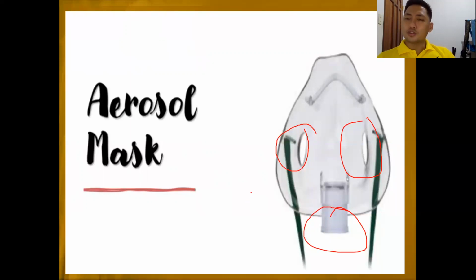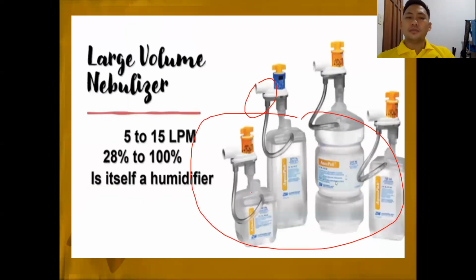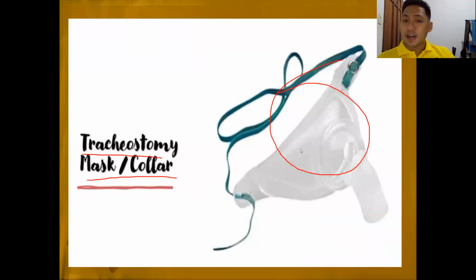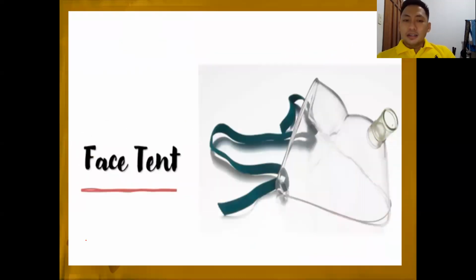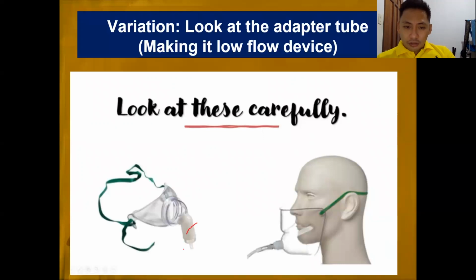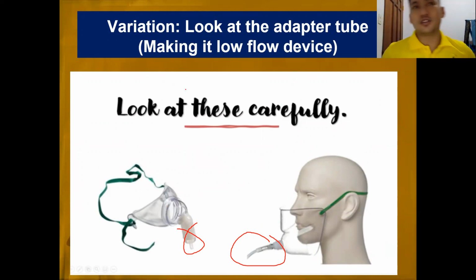Kapag large bore ang tubing, i-connect sa large volume nebulizer, then this could be a high flow device. But if ganito, medyo maliit ang tubing niya, so it is a tracheostomy collar or a face tent, then this could be considered a low flow device. So yun ang ating consideration.